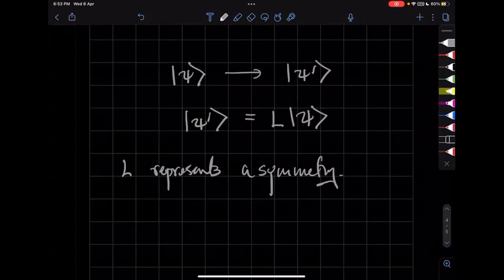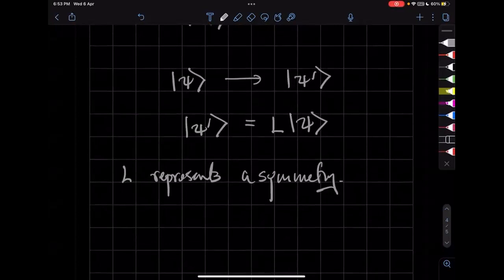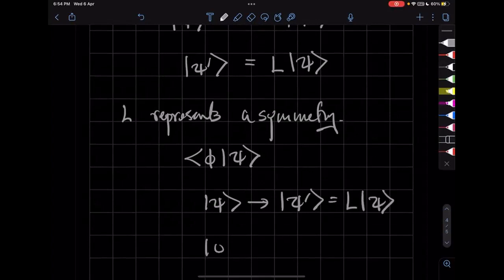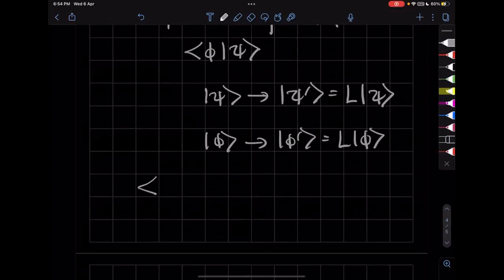But if L is a symmetry, then of course, the probabilities associated with it, the observables, should not change. That means that under this transformation, inner products like these should remain invariant. So if psi changes to psi prime, so L acting on psi, and phi changes to phi prime, with L acting on phi, then consider the inner product of phi prime with psi prime.